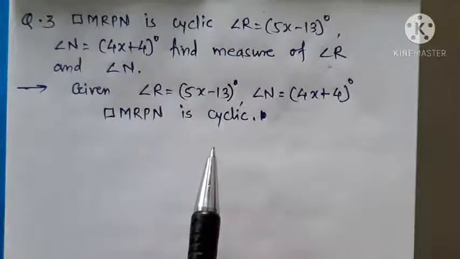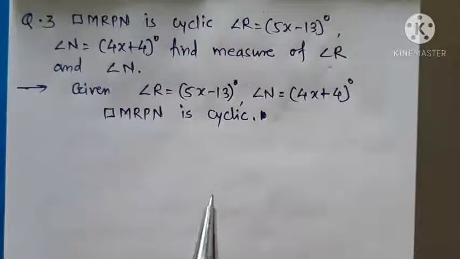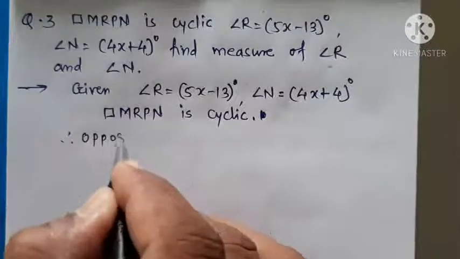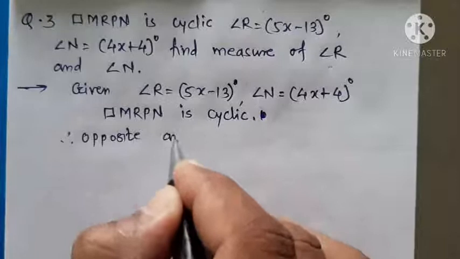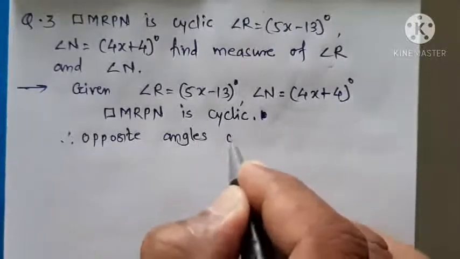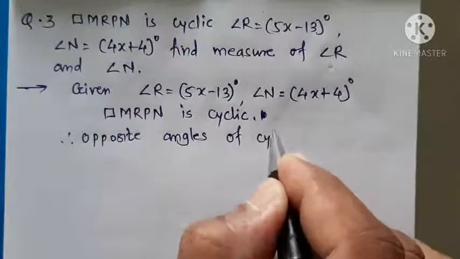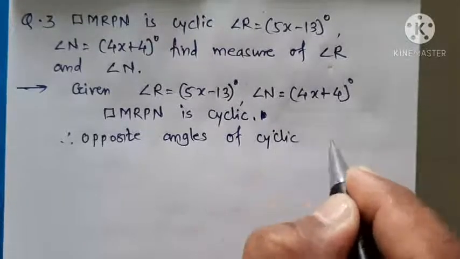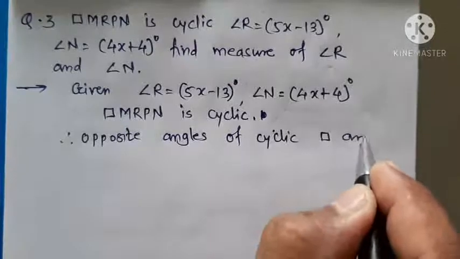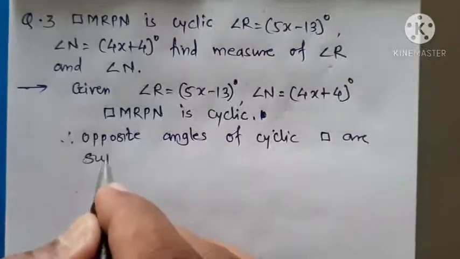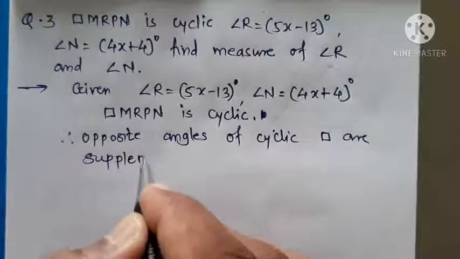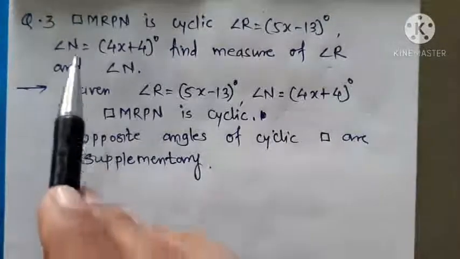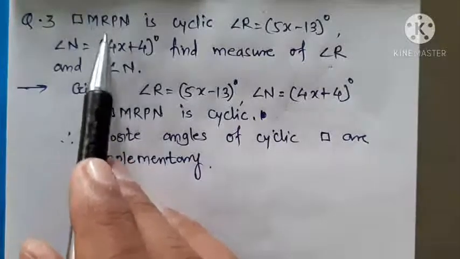We know the property of a cyclic quadrilateral. Therefore, opposite angles of a cyclic quadrilateral are supplementary. Therefore, angle M and angle P are opposite angles.